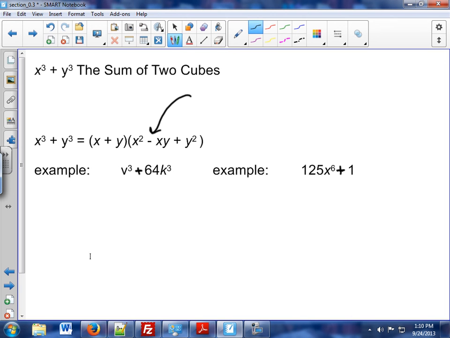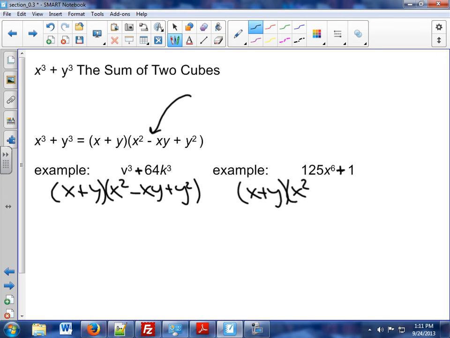All right, here we go. Again, all the steps are the same. I'm going to go ahead and write down x plus y times x squared minus xy plus y squared.